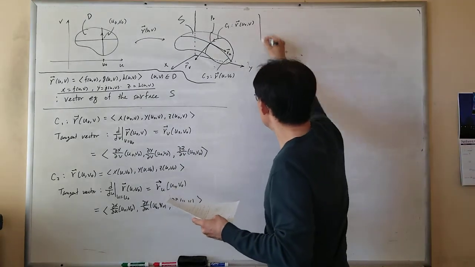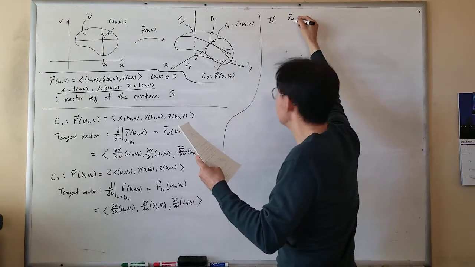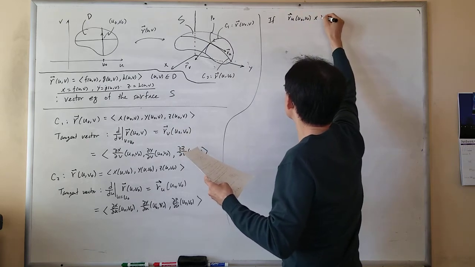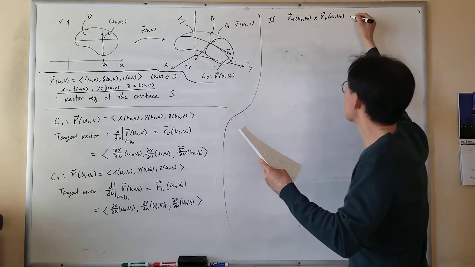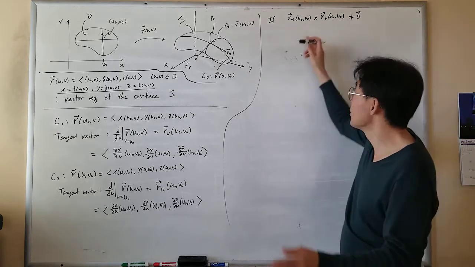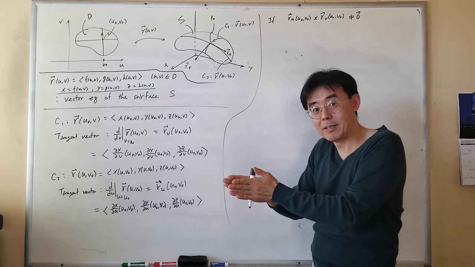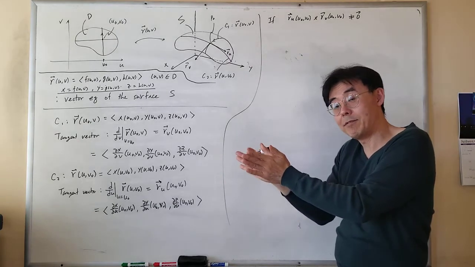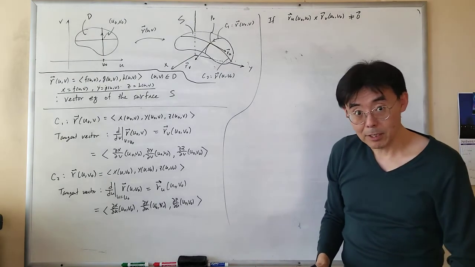Now, if r sub u cross product r sub v is not the zero vector, that means r sub u and r sub v are not collinear. They're not parallel. Okay? The cross product becomes zero when the angle between them is 0 or 180, the parallel case.